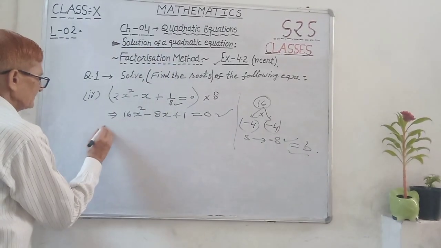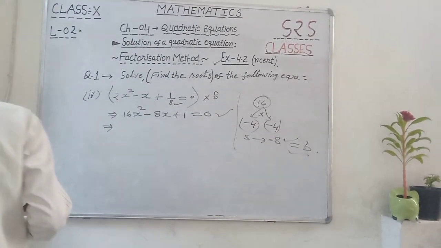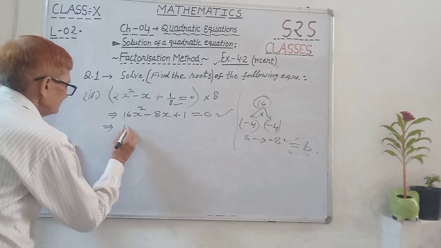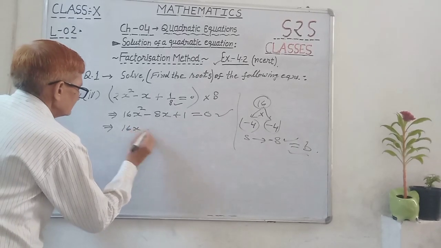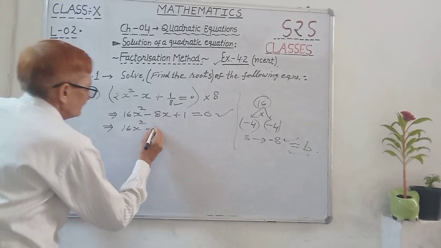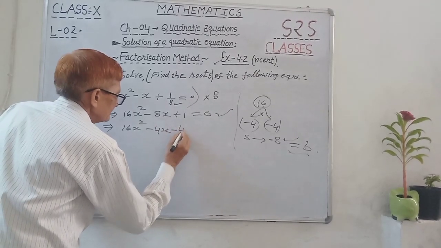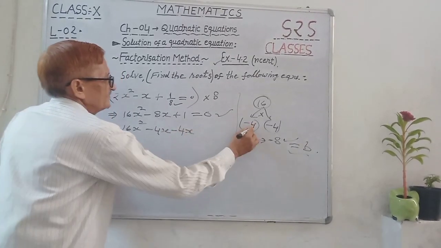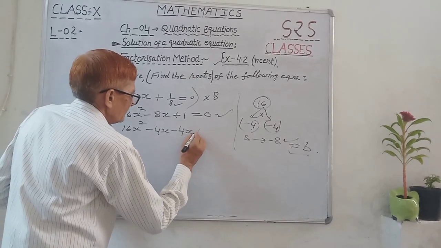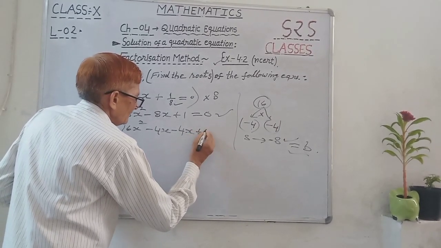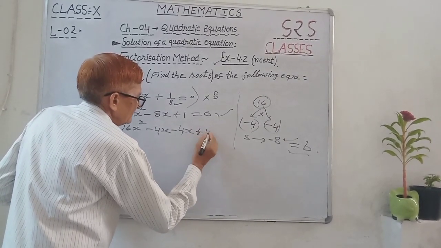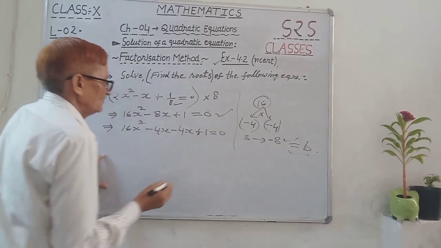So splitting the middle term and solving: 16x square minus 4x, two factors minus 4 and minus 4, and plus 1 is equal to 0.